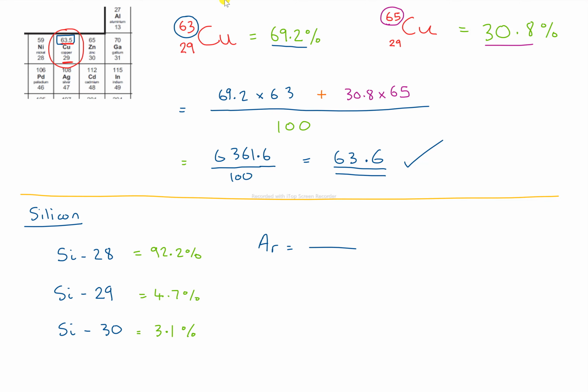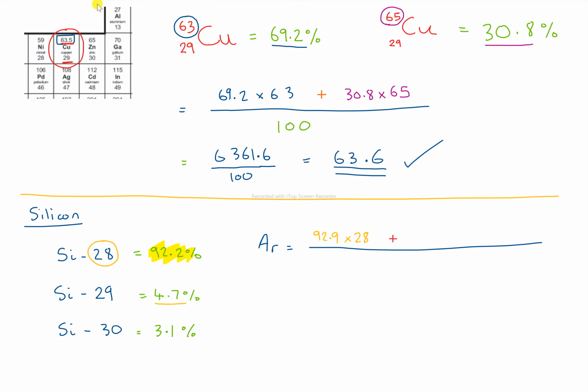AR equals a big long fraction line, and we take this percentage and write it down. So it'll be 92.9, and we multiply it by this number, 28. Then we're going to add it to the next one.